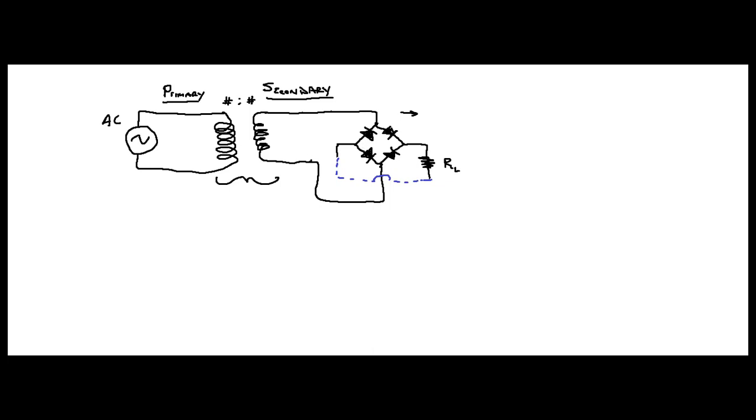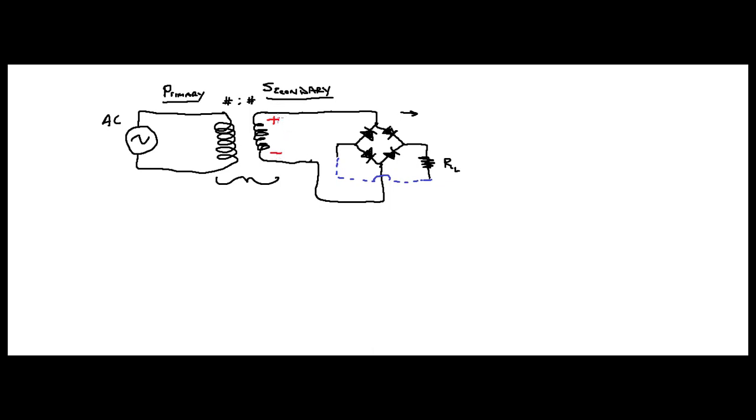Now, here's the thing about a bridge rectifier. And this is where it gets confusing, okay? So you need to follow along here. Suppose right now at this instant in time, there's two outputs on your transformer. And this output is at a higher voltage than this one, right?